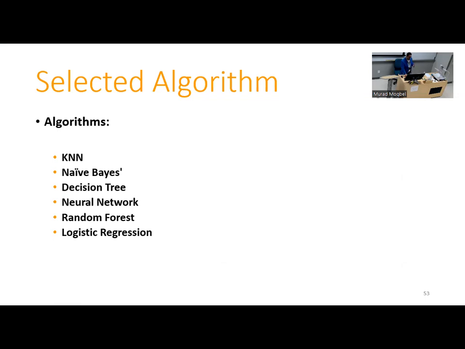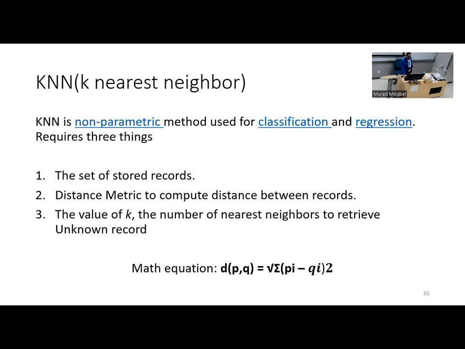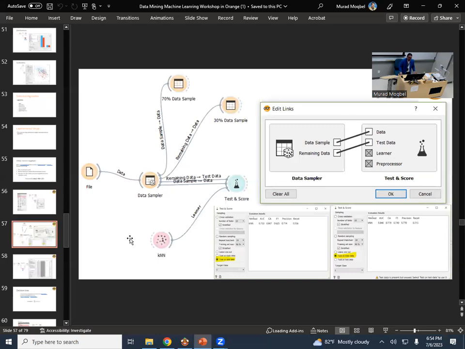Those are just examples, and we are going to use logistic regression instead of linear regression because our output, or target variable, is categorical. Linear is for continuous or numeric, logistic is for categorical. This is what we are going to build right now with Orange.